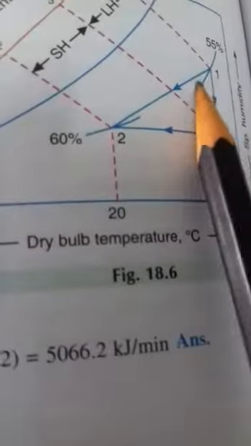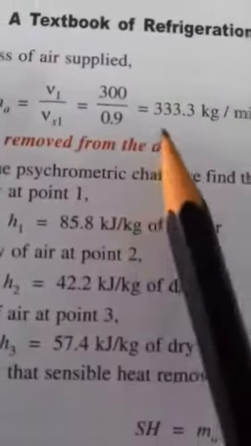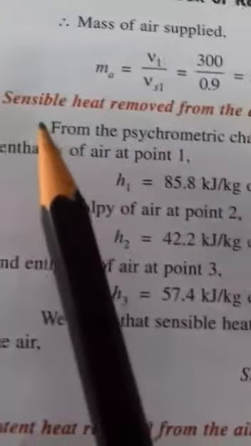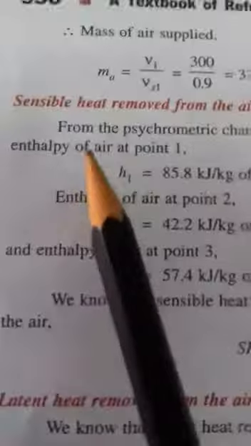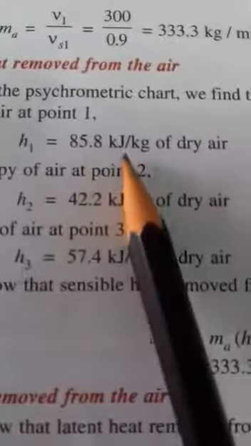Now the sensible heat removed from the air. From the psychrometric chart we find the enthalpy of the air at point 1, which we can get directly from here: 85.5 kilojoule per kg of dry air. Enthalpy at point 2, h2, is 42.2 kilojoule per kg of dry air, and h3 is 57.4 kilojoule per kg of dry air at point 3.